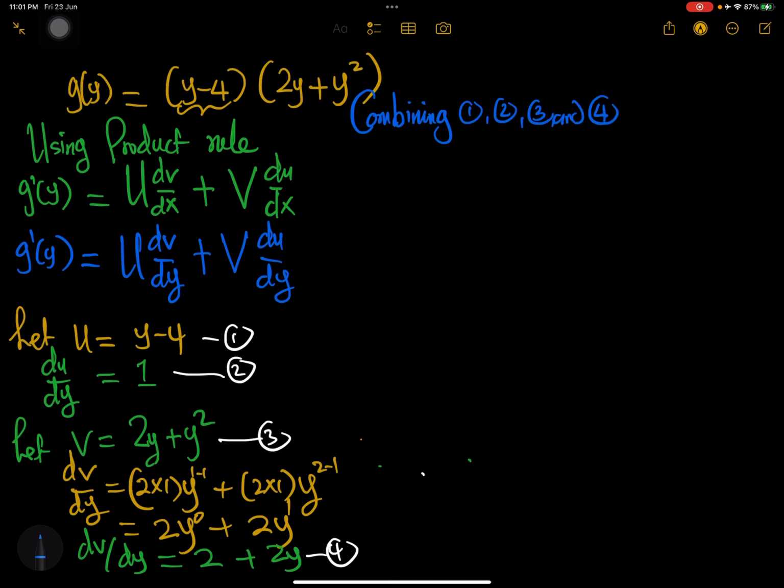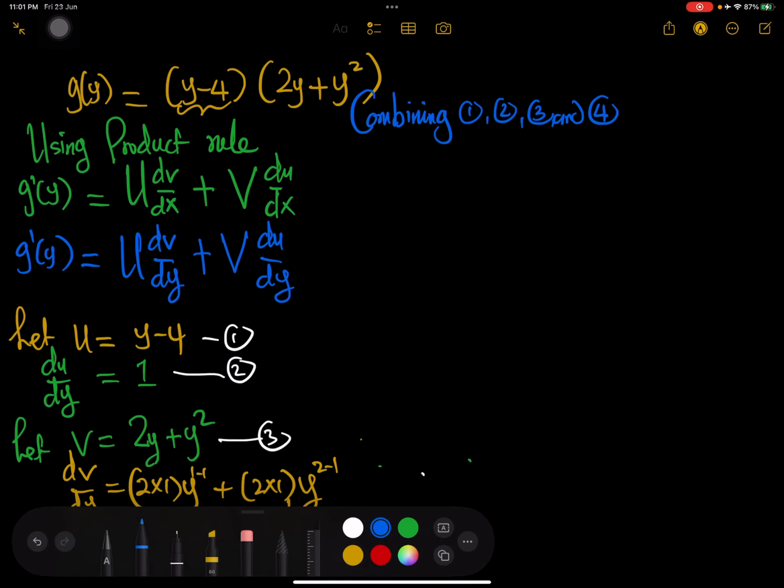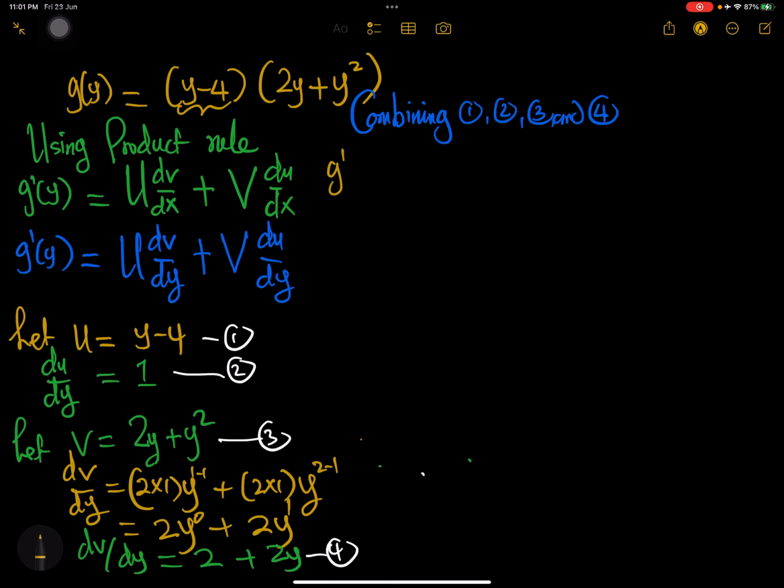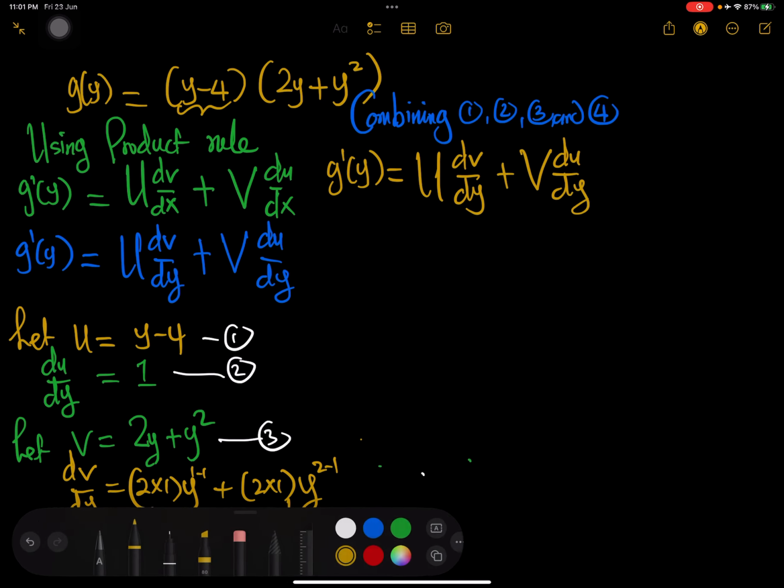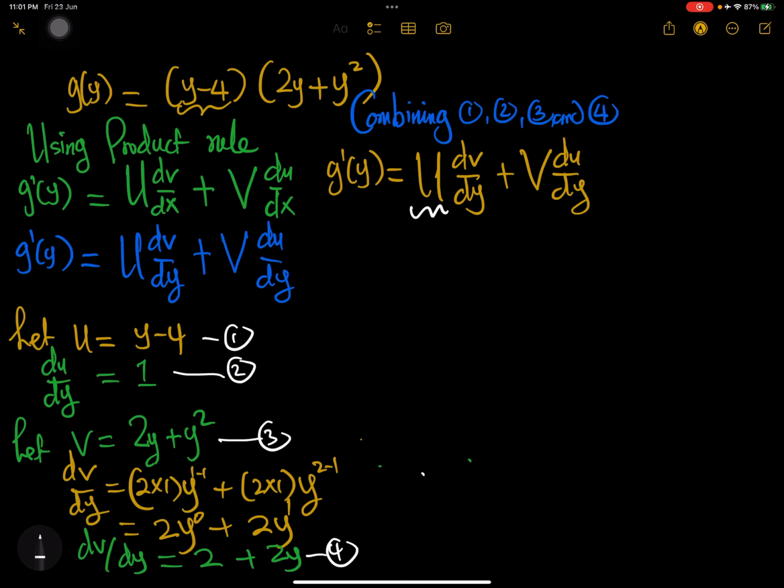if we combine everything, we are going to get g prime of y, which is u dv dy plus v du dy. What is our u? Our u here is equation 1, we put it in there: y minus 4. What is our dv dy?